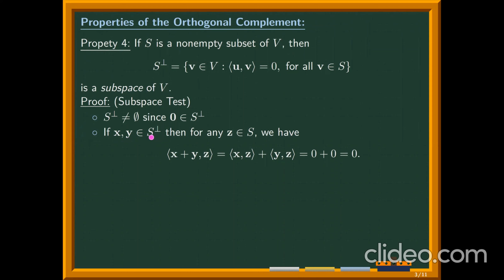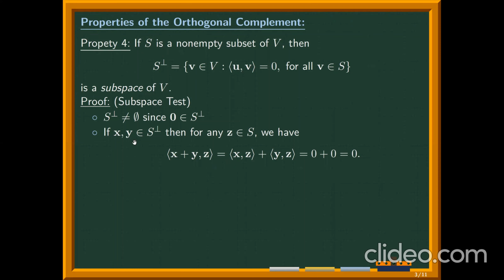By definition, this means that the inner product of X and V is 0 for all V in S, and the inner product of Y and V equals 0 for all V in S. Then for any arbitrary vector Z in S, we have the inner product of X plus Y with Z equals the sum of the inner products of X and Z, and Y and Z. This is by the third property of an inner product in the definition.